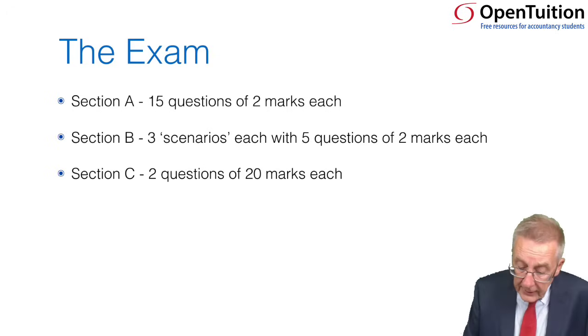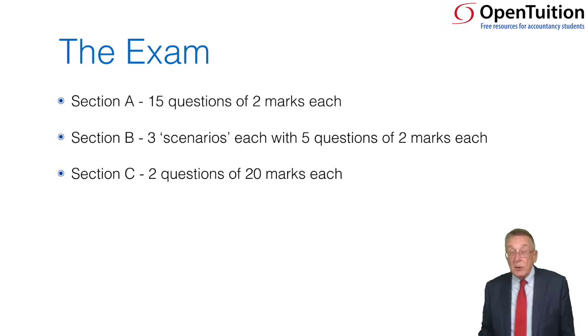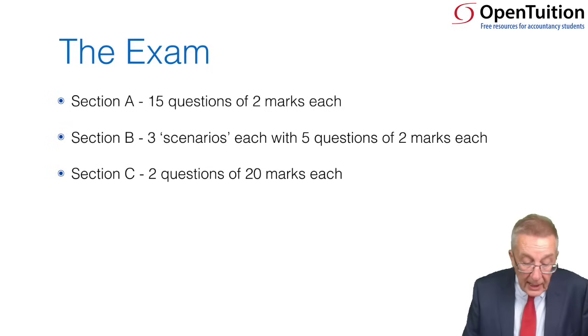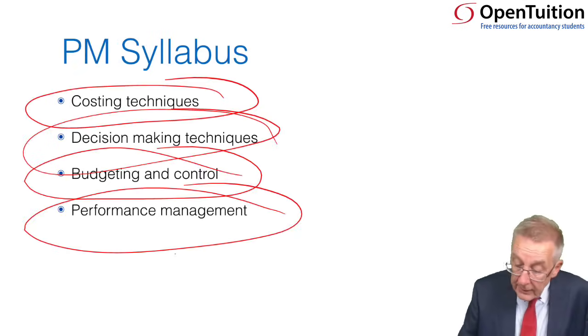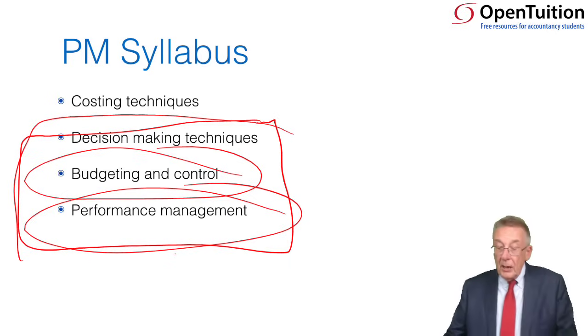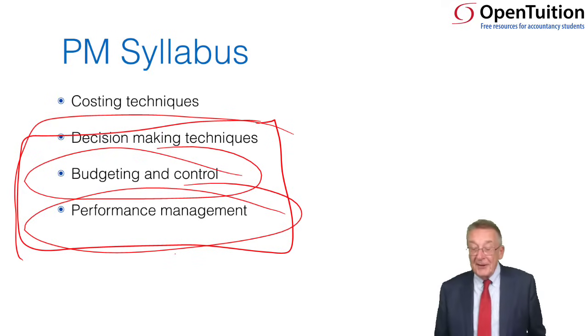Incidentally, sorry, I must say the 2 section C questions, these 2 long ones, the examiner said, it's not awfully helpful this, but those 2 questions will come from those 3 areas of the syllabus, which I'll say doesn't help an awful lot, it just misses out the costing area.